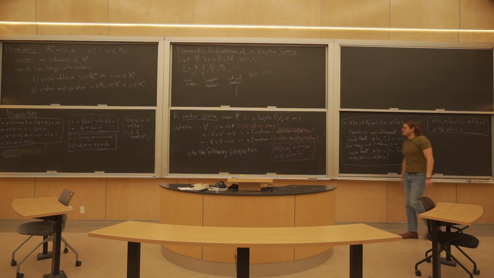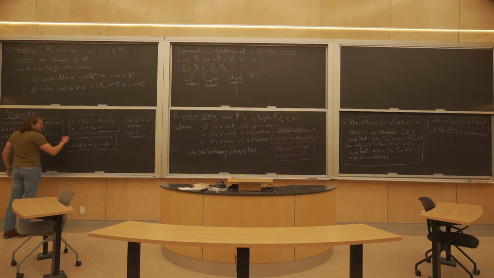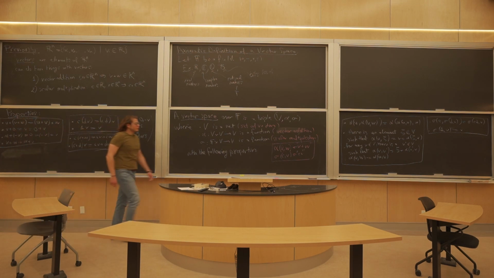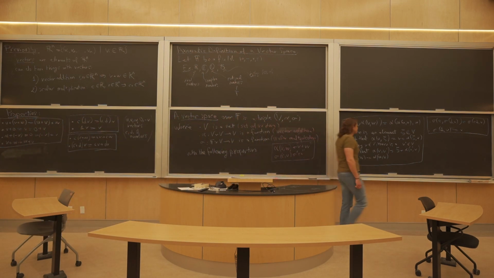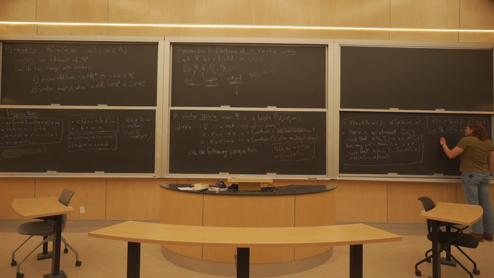And finally, I need to say something about how addition and scalar multiplication interact with each other. So the first property says, for instance, alpha of V, W, sigma of C. So add V and W and then scale is the same thing as first scaling and then adding.